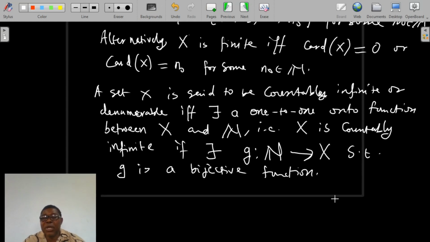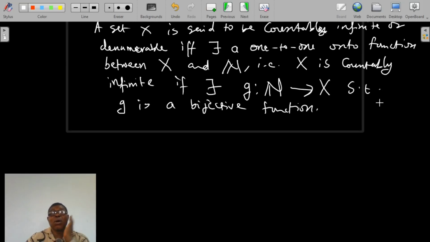So once we are able to establish a one-to-one correspondence between the set of natural numbers and the set X, then we shall call that set X a countably infinite set or a denumerable set.